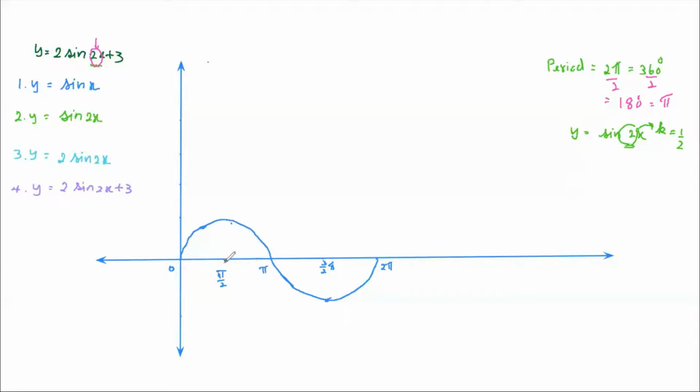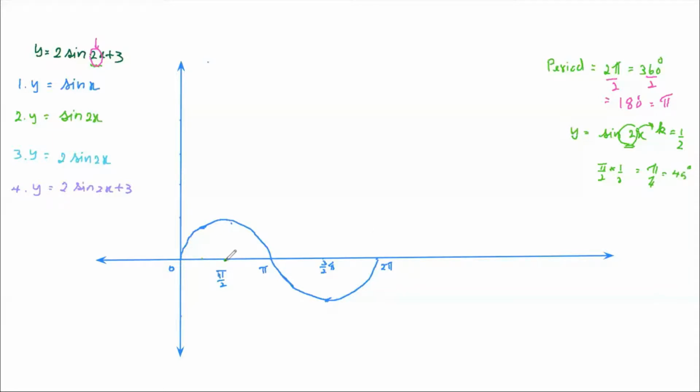For example, we have pi over 2 here, which is 90 degrees. Times 1/2 is going to be pi over 4, right? That means this equals 45 degrees.